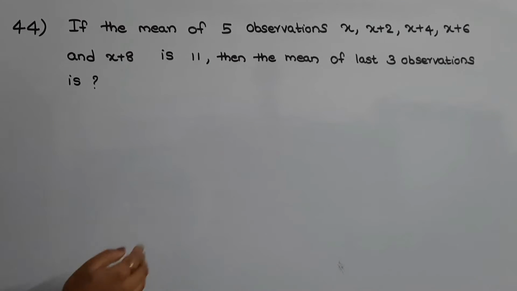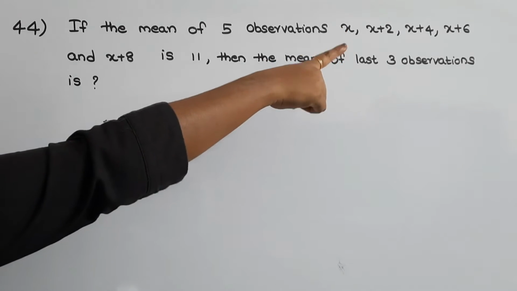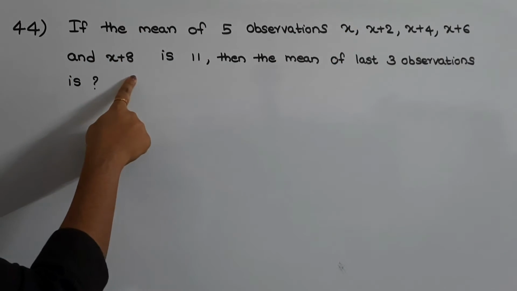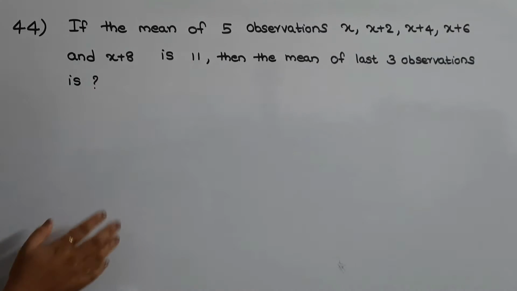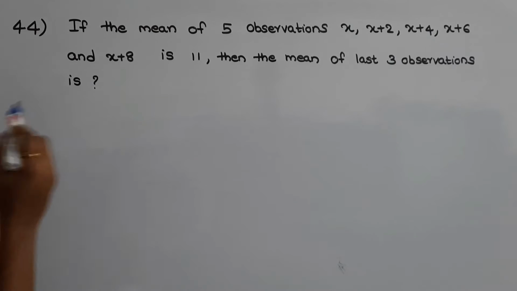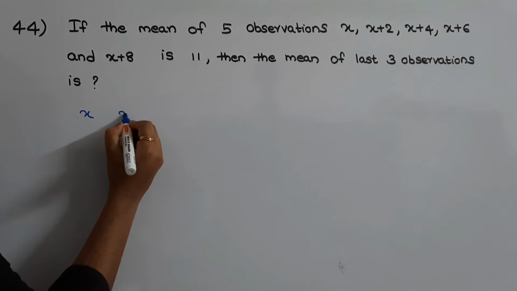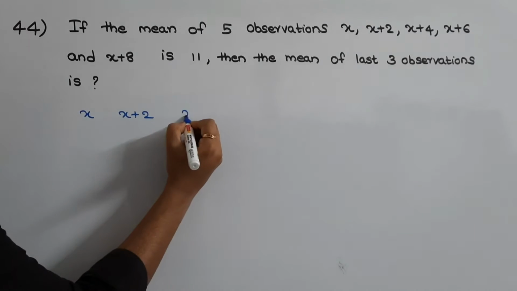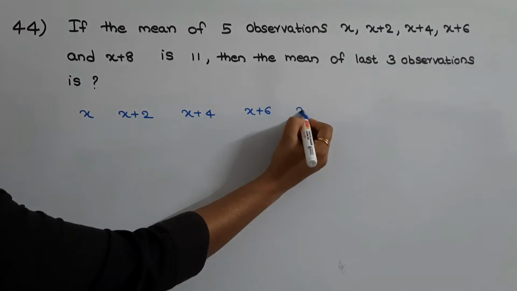The next question is, if the mean of 5 observations x, x plus 2, x plus 4, x plus 6 and x plus 8 is 11, then the mean of last 3 observations is. In this question they have given the mean of 5 observations as 11. So the 5 observations are x, x plus 2, x plus 4, x plus 6 and x plus 8.